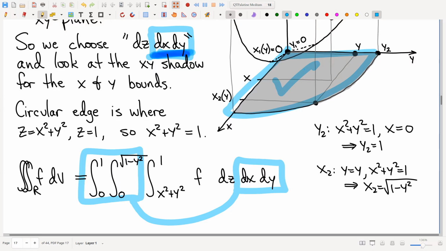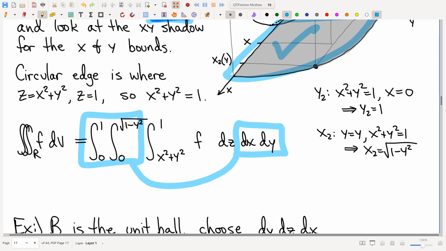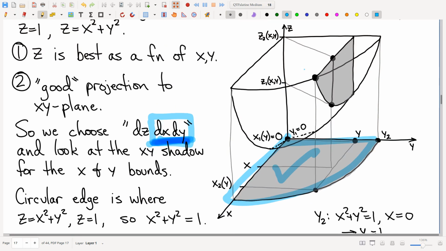It's easy to make that conflation. I'm just going to point that out for whatever that might be worth. See how easy it is to make that mistake. But no, we're not interested in the volume here. We're interested in computing some double integral. I don't know what f is. It could be anything, right? But we're interested in computing something along the lines of the amount of mass in here or something like that. Does that make sense? Cool. Okay.